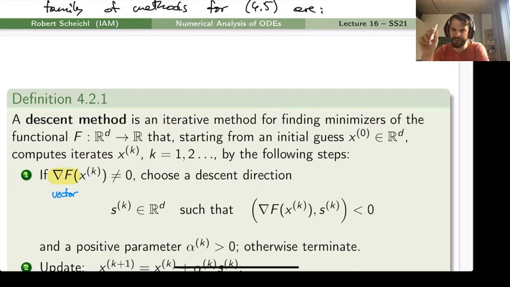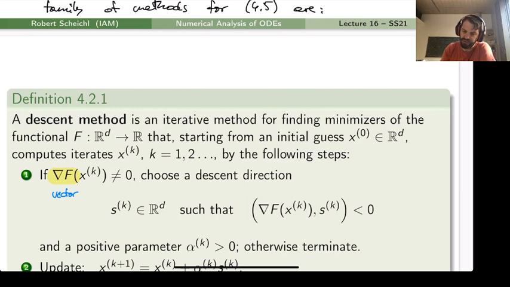So we know that in some direction the function can be reduced. If you have a smooth enough function capital F, and you know that its gradient is not flat, then you know that you can decrease the function in one direction, and so you pick one such direction.